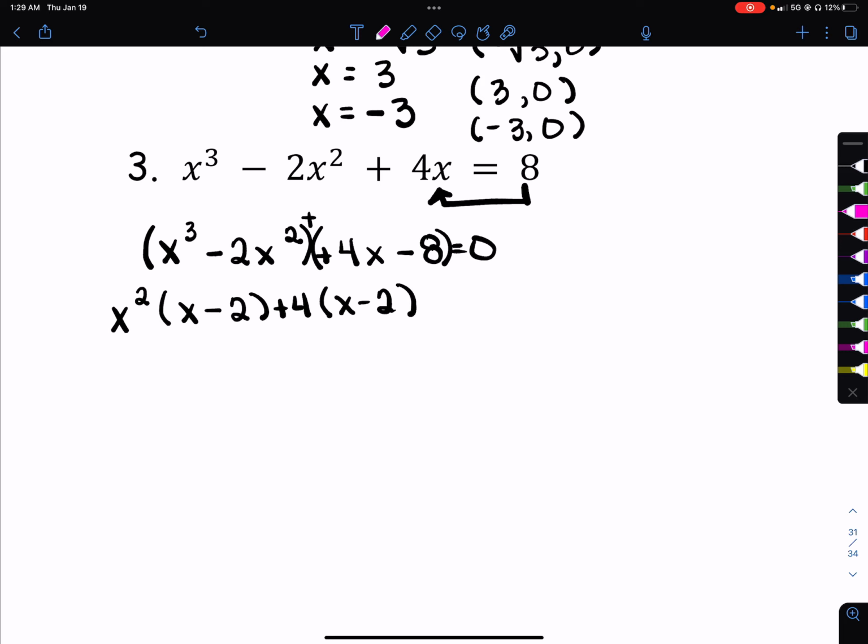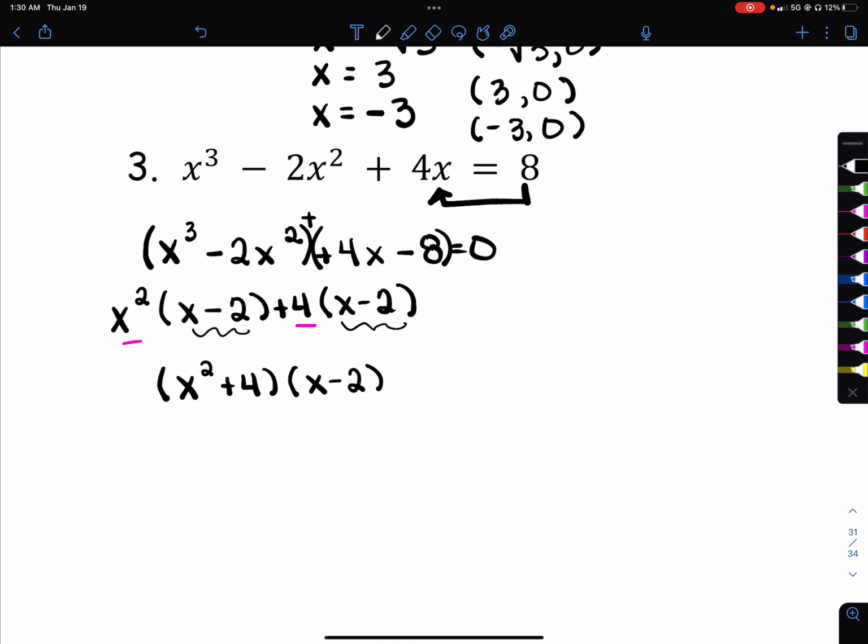Okay. This is where the outsides become our first binomial. So we have x squared plus 4. And then the insides become our second binomial. So we have x minus 2. We have to remember they have to match.